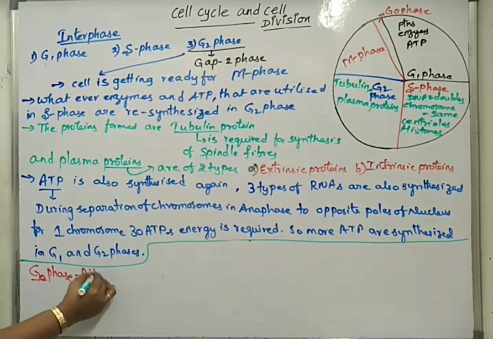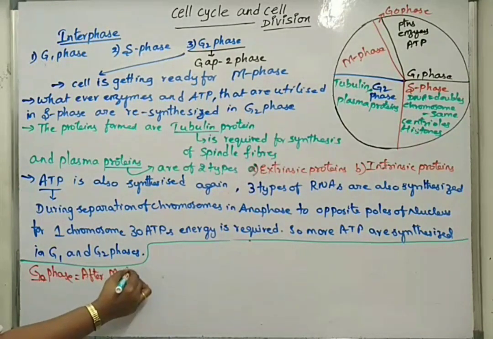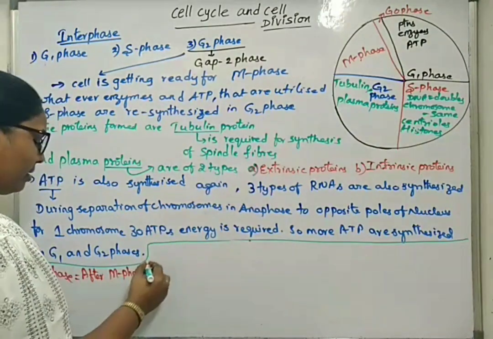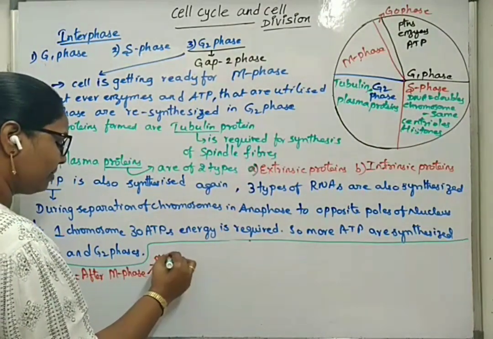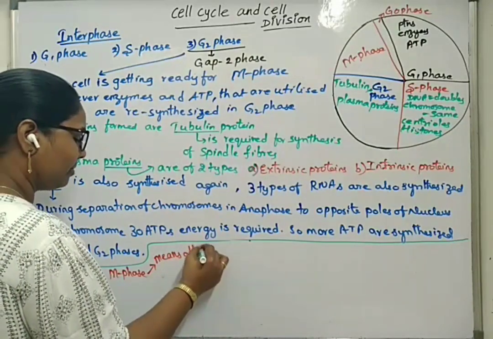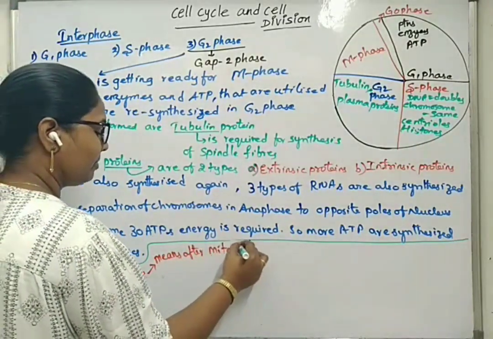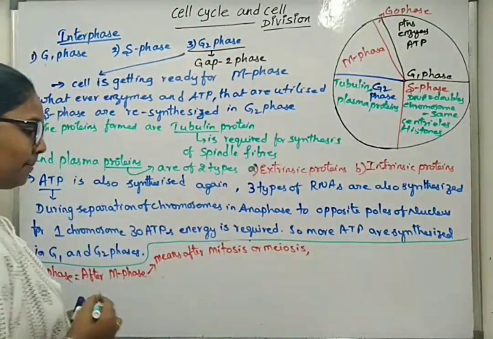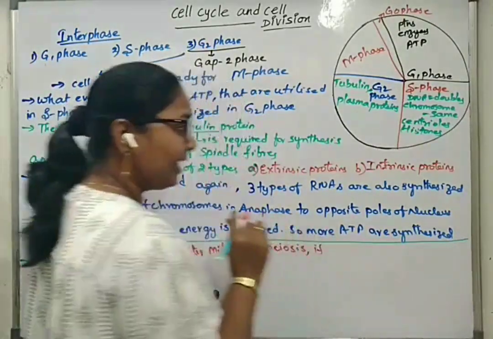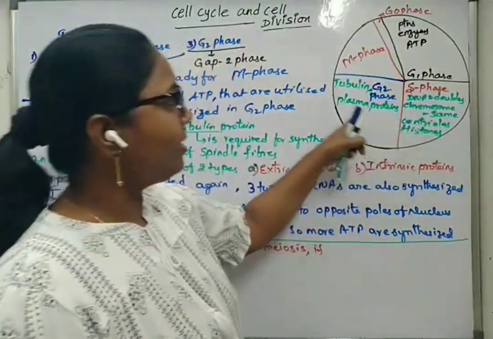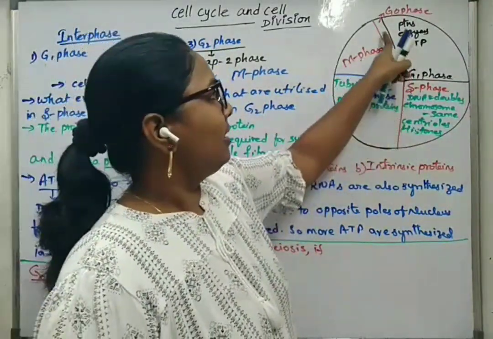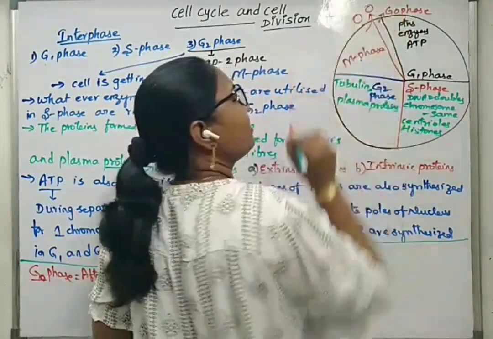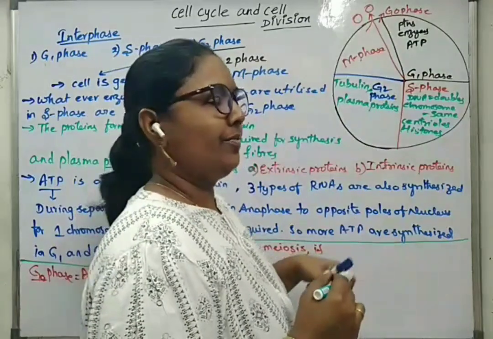So, after M phase, after mitosis or meiosis, if there is no need of a further division, then the formed baby cells after cytokinesis will enter into G1 phase.